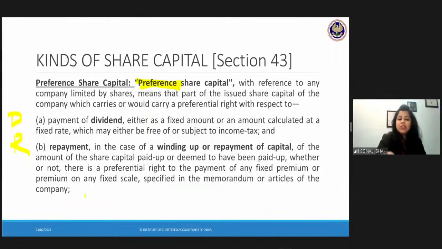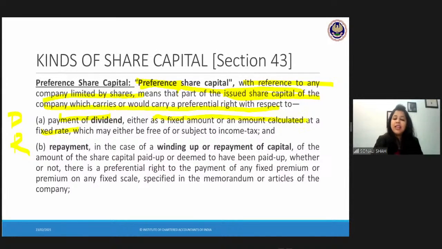Section 43 says preference share capital, with reference to any company limited by shares, means that part of the issued share capital of the company, please mark the words issued share capital, which carries or would carry a preferential right with respect to payment of dividend, either as a fixed amount or an amount calculated at a fixed rate.